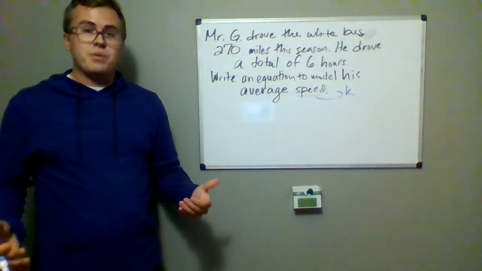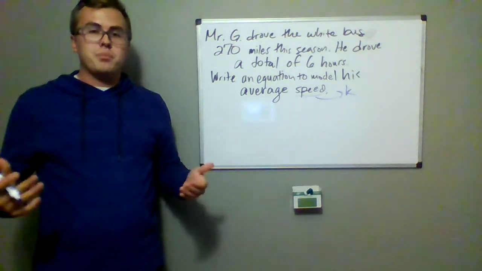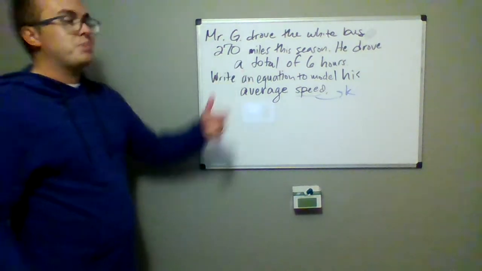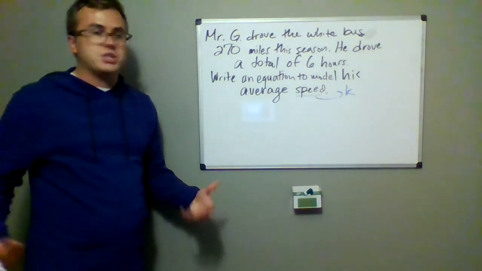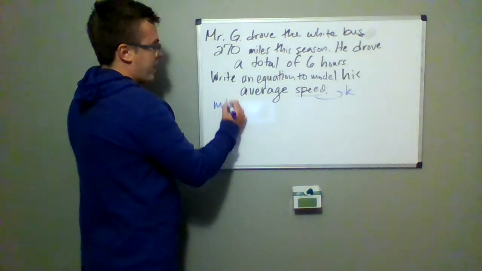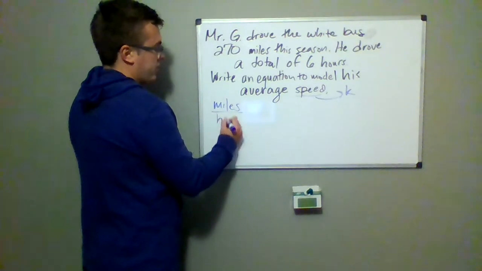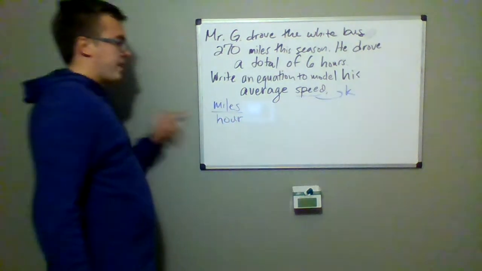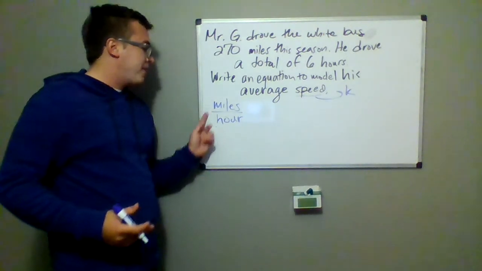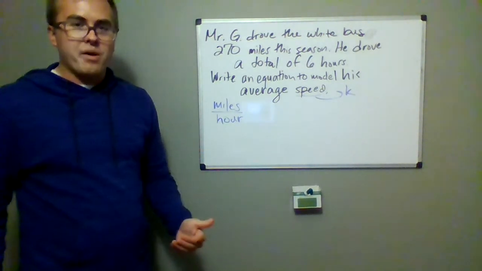So first thing that we need to do is we need to set up our ratio for speed. So speed, how is speed measured? Well, we're dealing with miles and hours, so we'd say it's in miles per hour, miles per 1 hour. So we want to get it down to where we get how many miles per 1 hour.